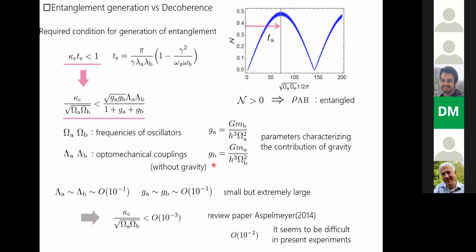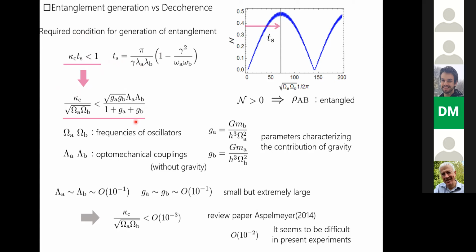Let us compare the decoherence time with the entangling time of the photons. If the entangling time is shorter than the decoherence time, the quantum entanglement is sufficiently generated. The required condition is given in this inequality. To discuss how this condition is realized in a realistic setup, we use the usual parameters of experiment without gravitational interactions.